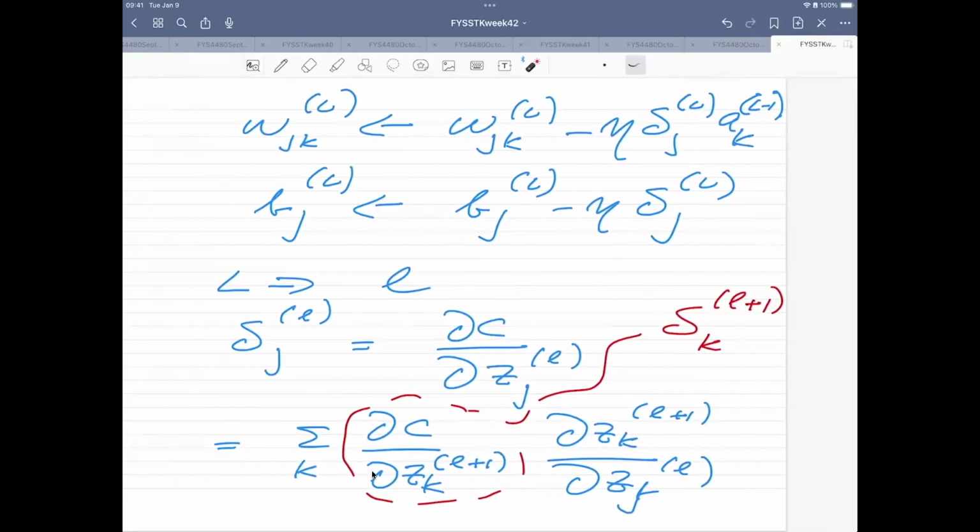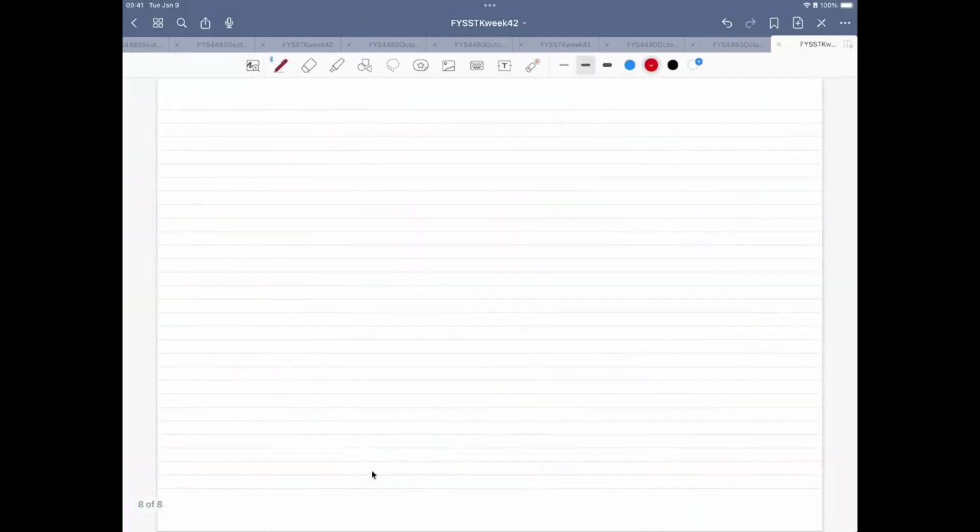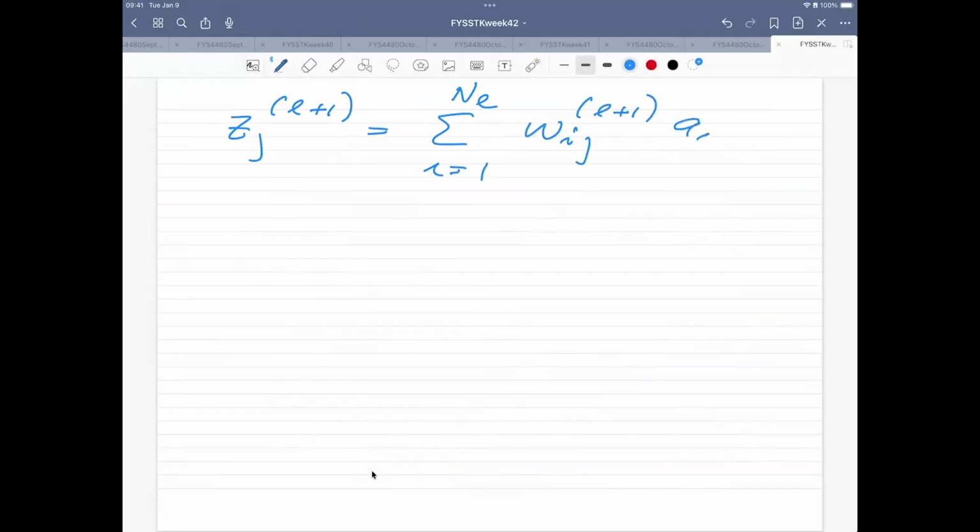So what I'm going to need then is simply to remind myself about some of the definitions, because I have that Cj of L plus 1 is now simply given by the sum over i equal 1 over all the nodes in the previous layer multiplied with Wj of L plus 1 and multiplied with the output L from that node plus the bias of L plus 1.